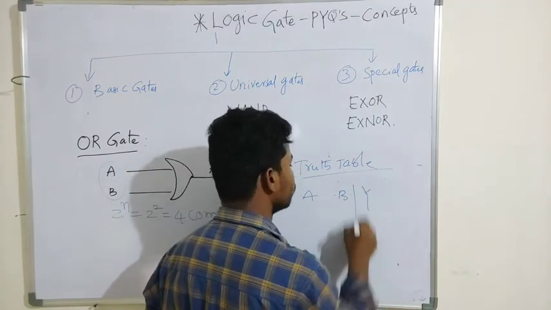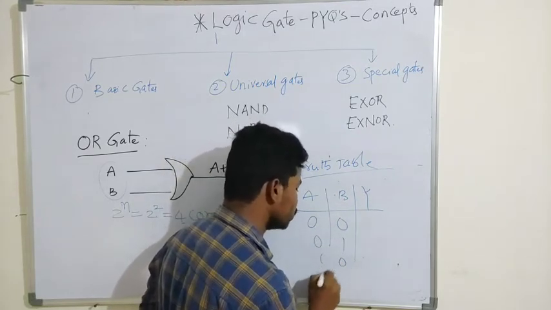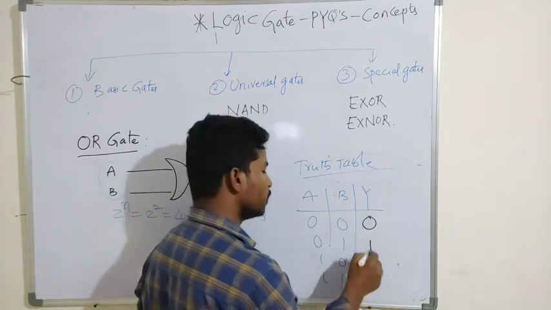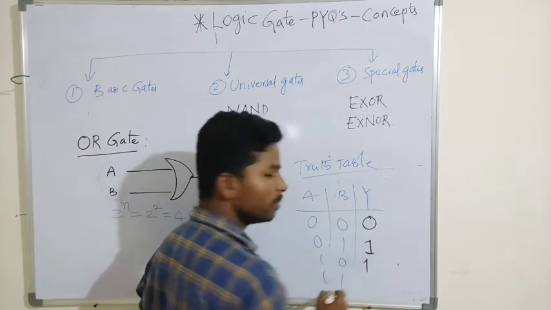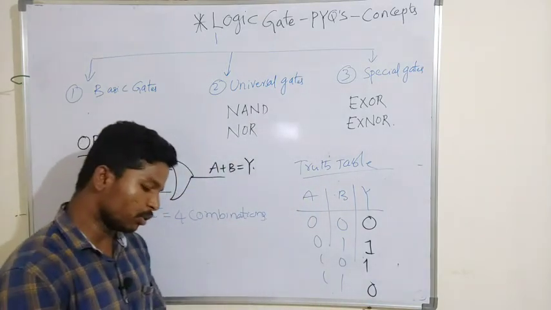The output is A plus B. We have 4 combinations: 0 0, 0 1, 1 0, 1 1. So the output will be 0 plus 0 is 0, 0 plus 1 is 1, 1 plus 0 is 1, and 1 plus 1 is 1.